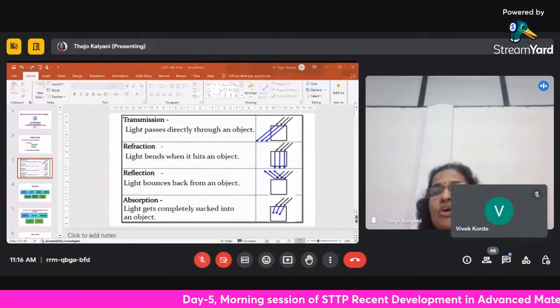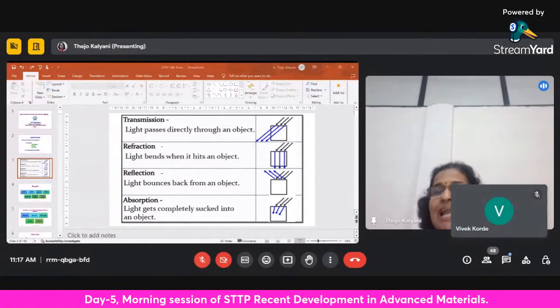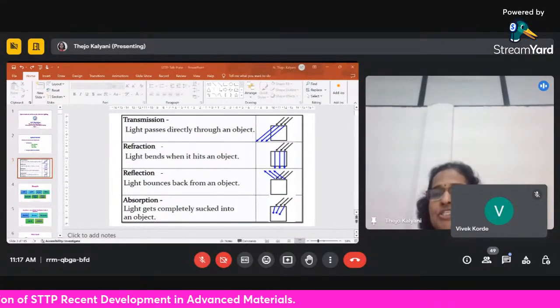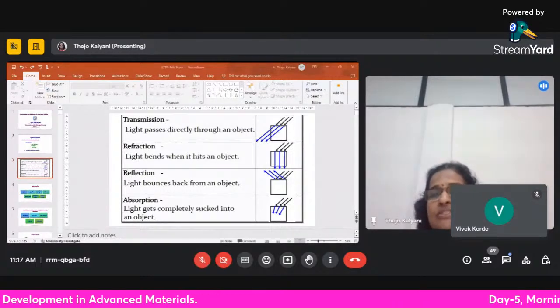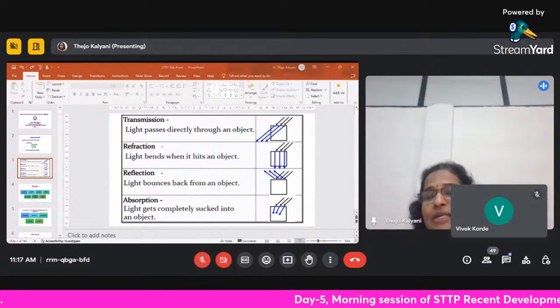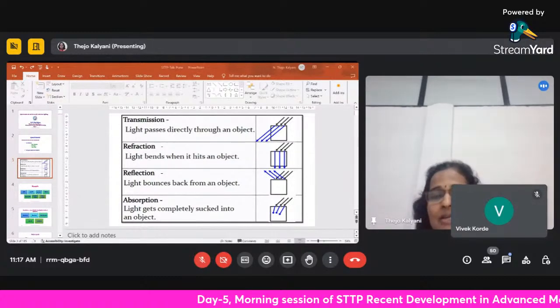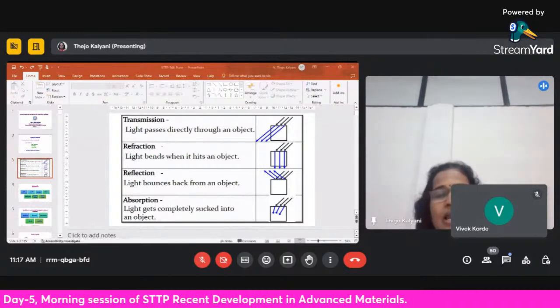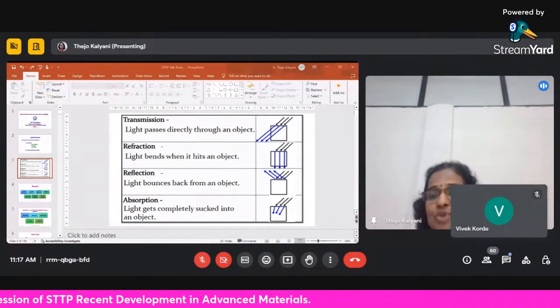On the other hand, if when light is falling on that glass slide there is a bending of light, in any other direction, this process is known as refraction. Suppose it's not entering into the medium and it is reflecting back or bouncing back, we call this phenomenon reflection. And the last one is absorption.